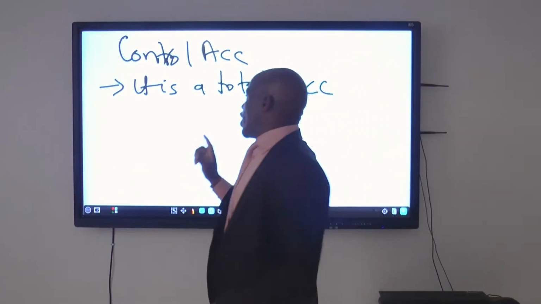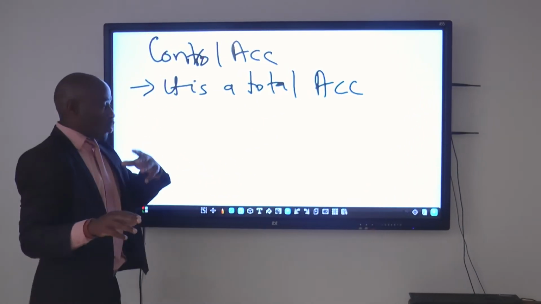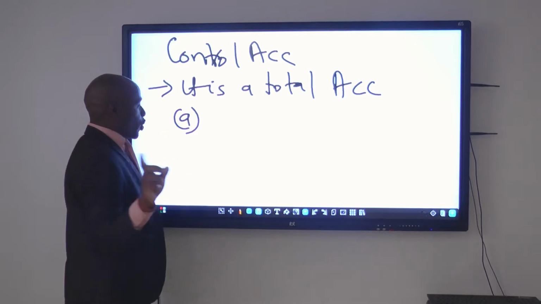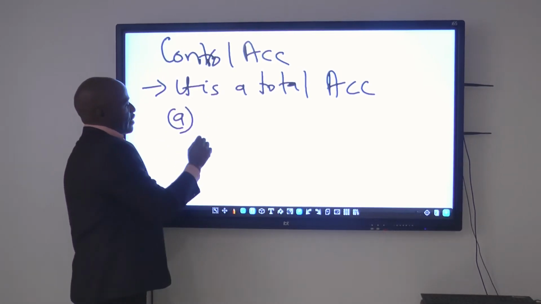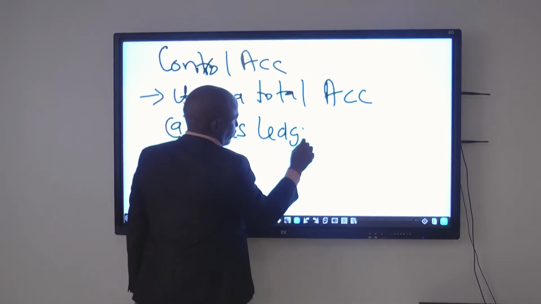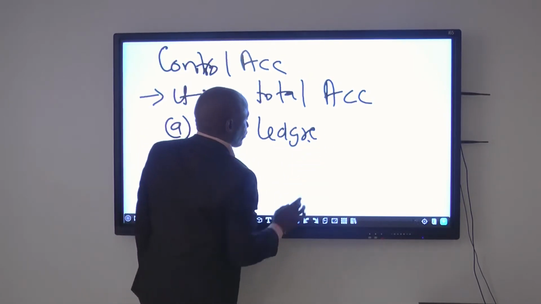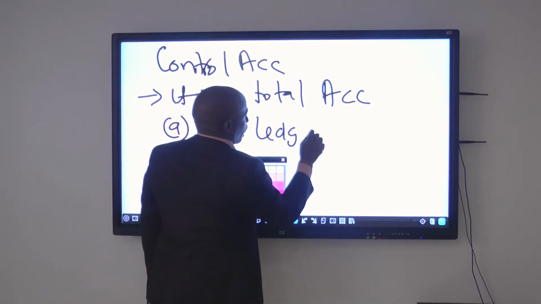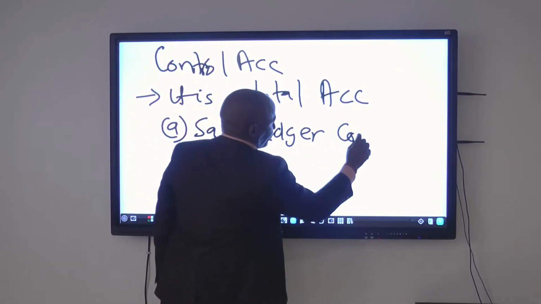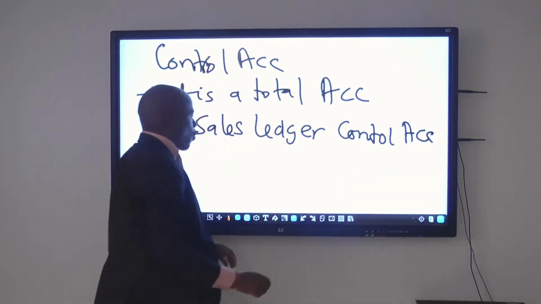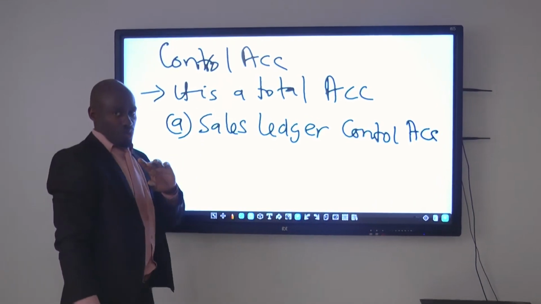So basically, we have two control accounts. The first control account, which you would remember from your O-level accounting, is the sales ledger control account. What does it do?